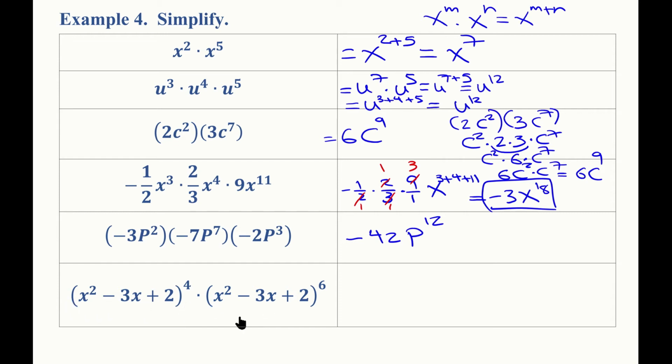Yes, the base is not super simple, but they have the same base. That's the base. So we're just going to keep the common base, and we're going to add the exponents. 4 plus 6, we know that is 10. And that's all we have to do.